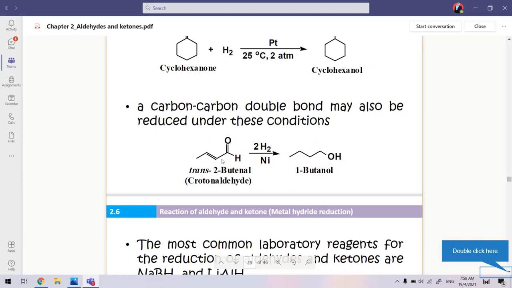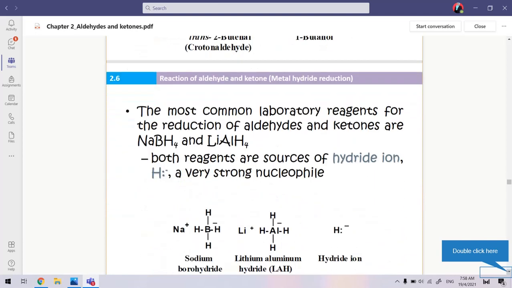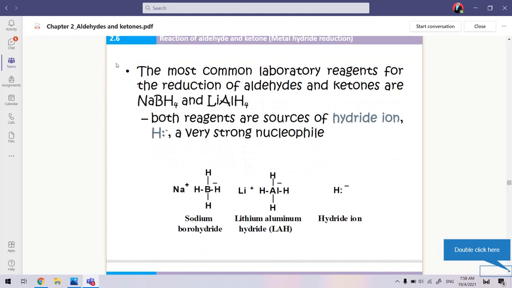Another mole of hydrogen reduces this part, so the double bond will become a single bond. And the most common laboratory reagents for the reduction of aldehyde and ketone are sodium borohydride and lithium aluminium hydride.